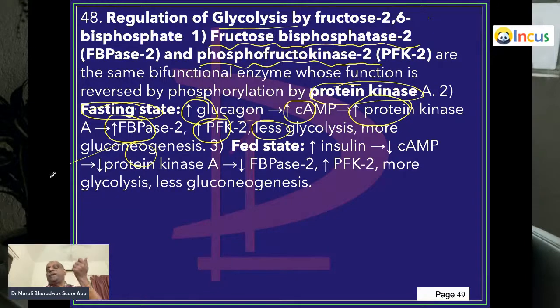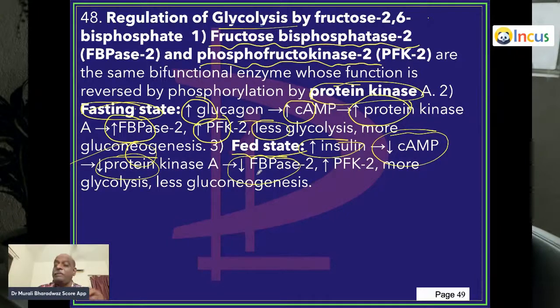It's a switch phenomenon. Suppose you are fed, you ate chicken biryani, mutton biryani, all biryani, then you have a lot of glucose already in your blood. That stimulates insulin. Insulin decreases cyclic AMP. That decreases the protein kinase A. That decreases the phosphorylation of the fructose bisphosphatase.